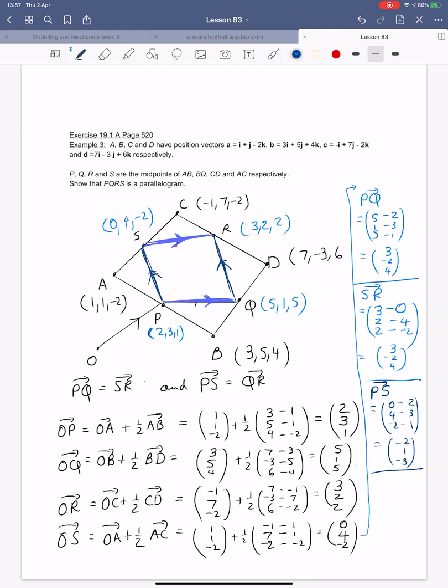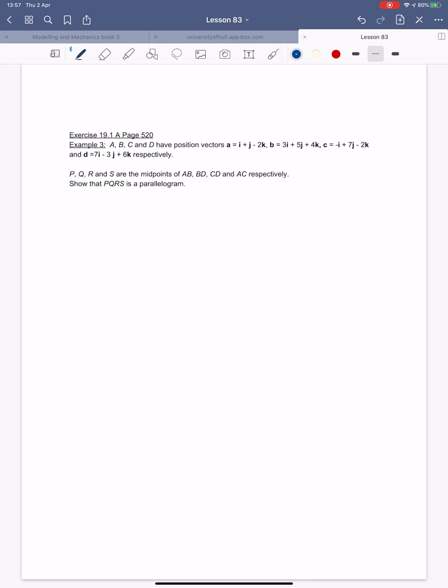And then we want Q to R. R minus Q. 3, 2, 2 minus the Q, 5, 1, 5, is minus 2, 1, minus 3. Yes, that one does equal that one. Hence we have a parallelogram, because the sides are the same vectors. I've done that one.